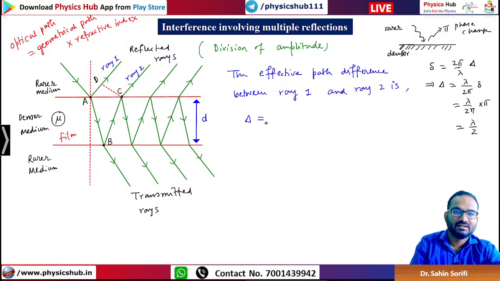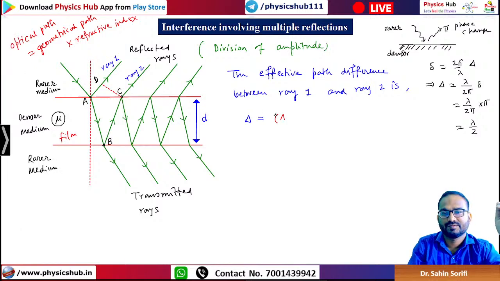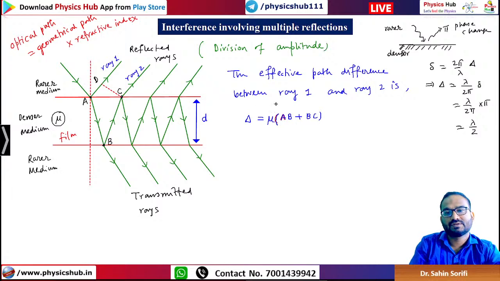So for delta, AB plus BC is the geometrical path traveled in the film. We need to multiply by mu here. So till CD, mu times AB plus BC is the path traveled by ray 2. What is the path traveled by ray 1? Before CD, it is AD, right?